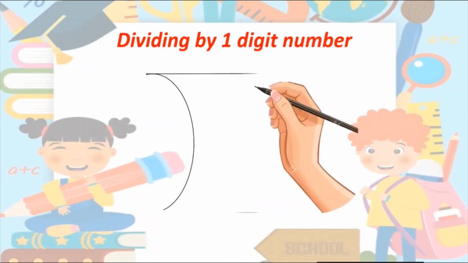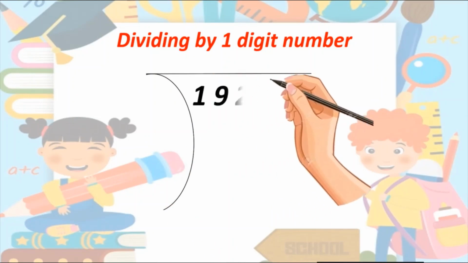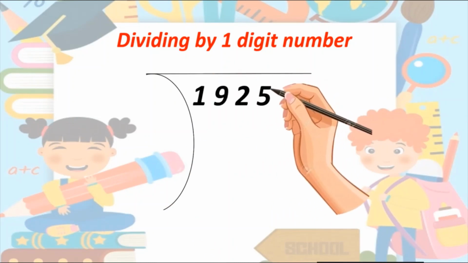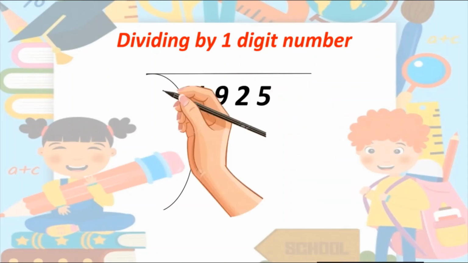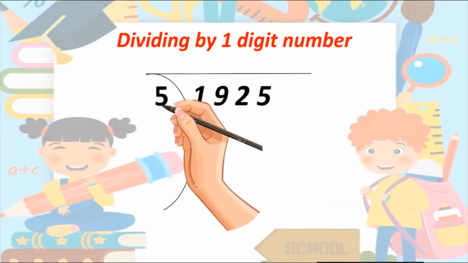Take a number 1925, which is the dividend here. In order to divide the number by 5, which is the divisor here, we see the first digit of the dividend, which is 1, and 1 is less than 5. So we need to consider 2 digits together.